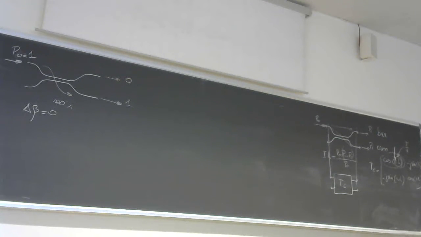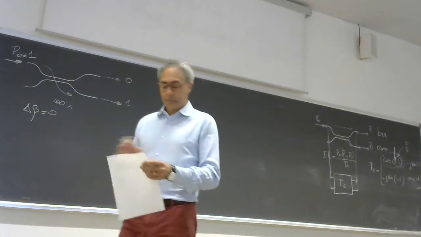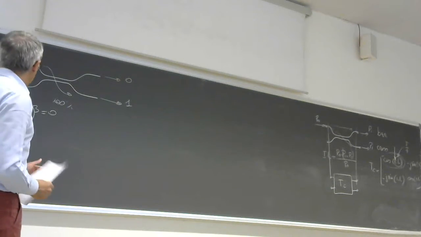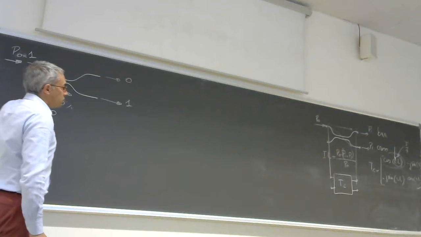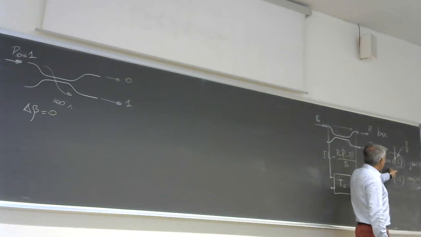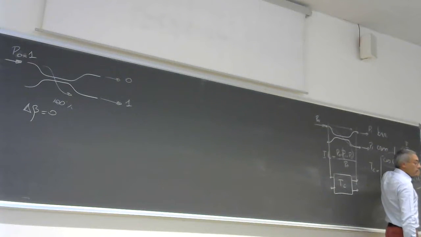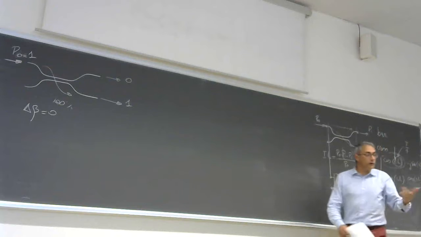So this is the first part of the design of the coupler. The second one is, okay, delta beta equal to 0, so the transfer matrix is this one. So I want this one equal to 1, so C multiplied by L equal to half pi.